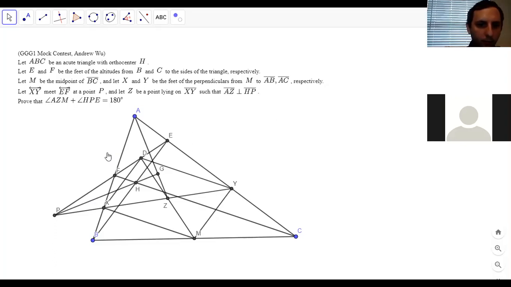I don't know if we could use the gliding principle somehow. Yeah, is PG parallel to something?